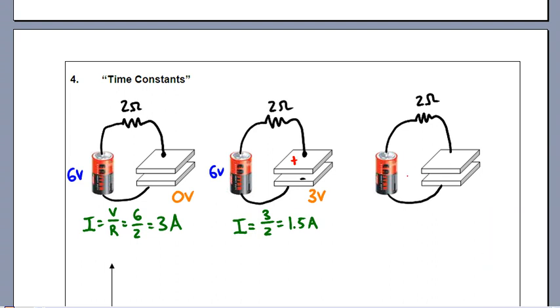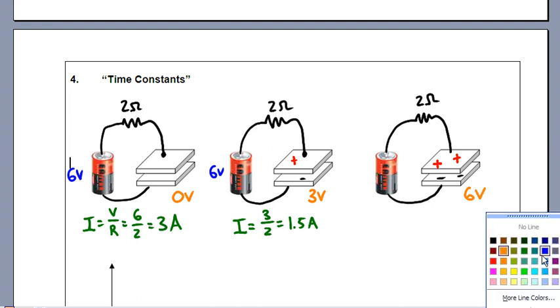So it'll keep charging, but now it's going to charge slower. It's kind of like a hot object sitting outside cooling off. It cools off aggressively at the beginning because there's a big temperature difference, and then it cools off at a slower rate because there's less of a difference. Well, we're going to see that happen here too. You know, eventually, if you wait forever, like literally forever, this capacitor will reach 6 volts.